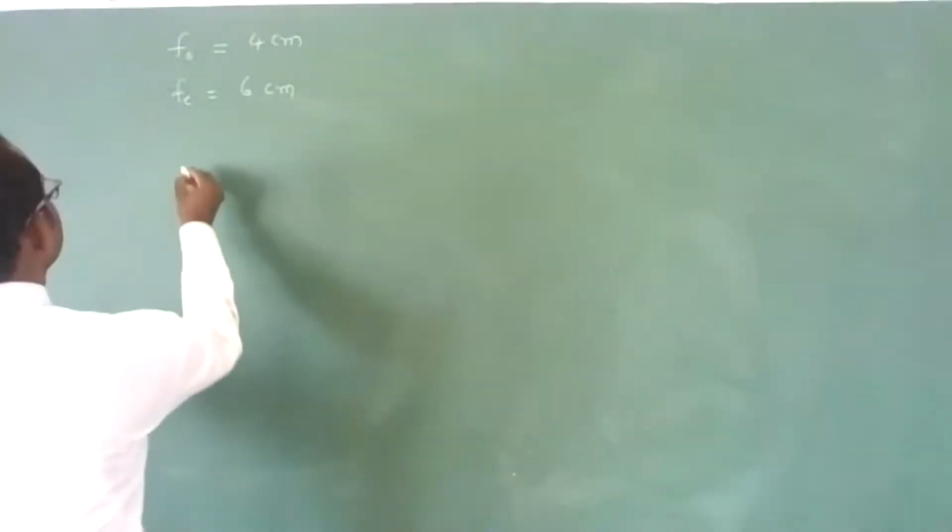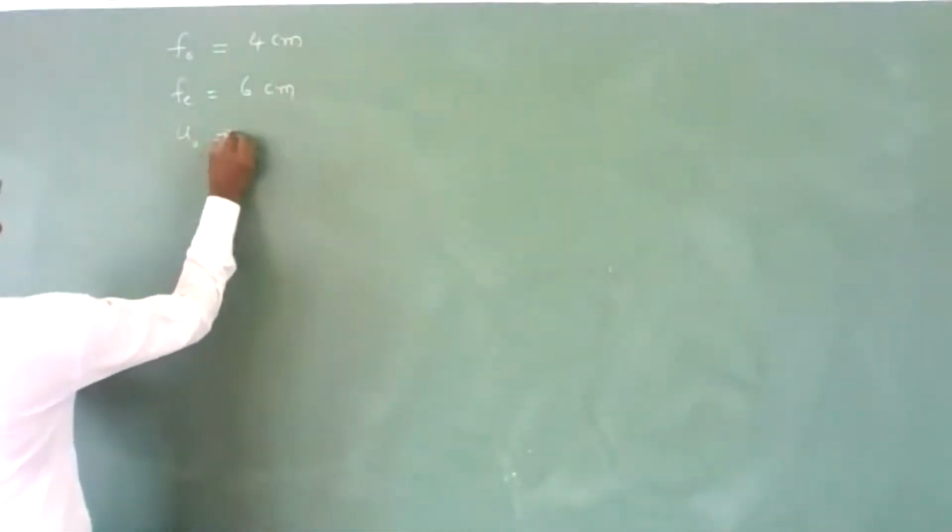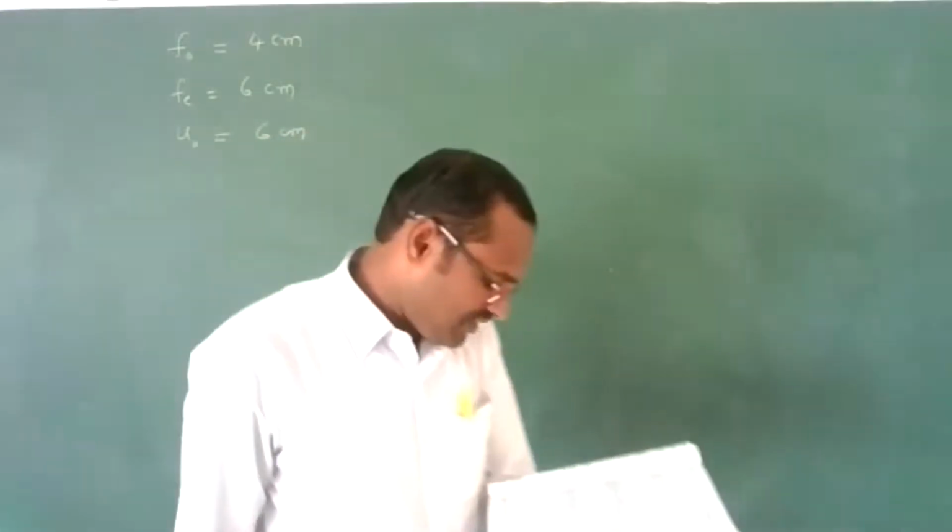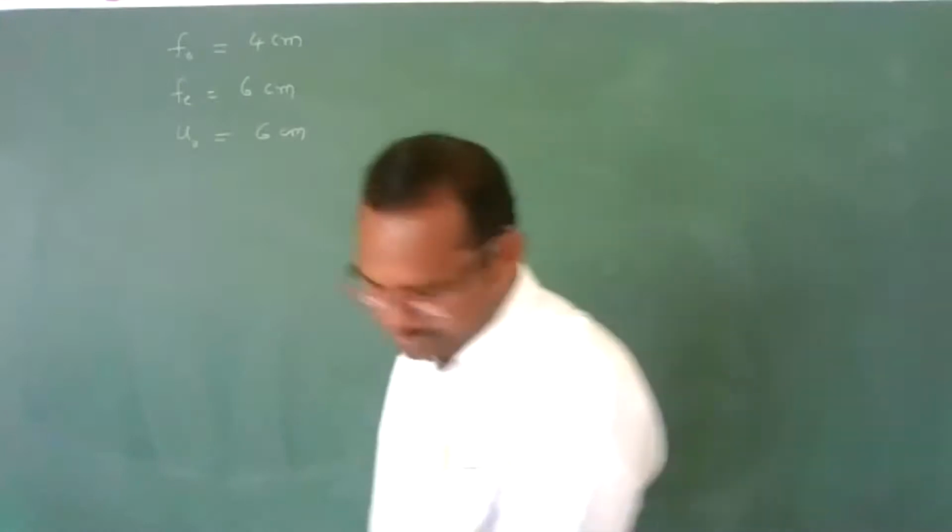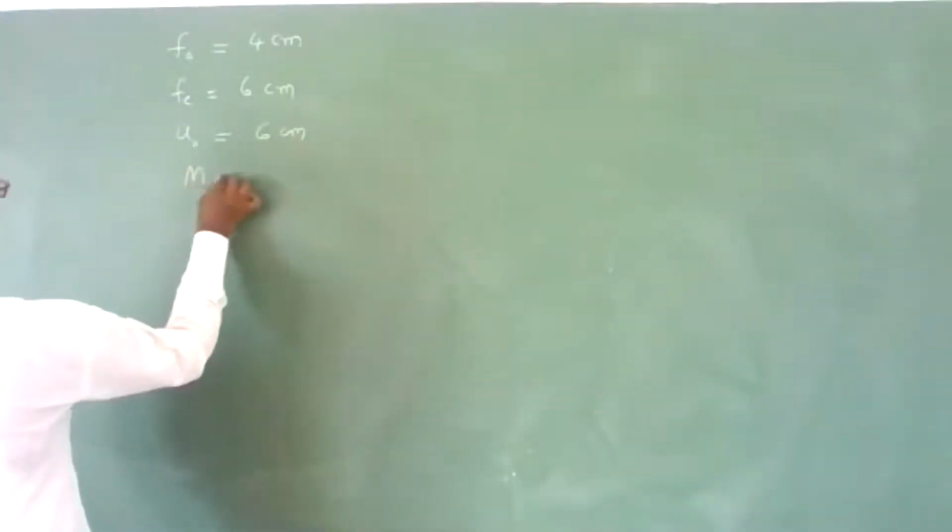If the object is placed 6 centimeter from the objective, what is the magnification produced by the microscope?